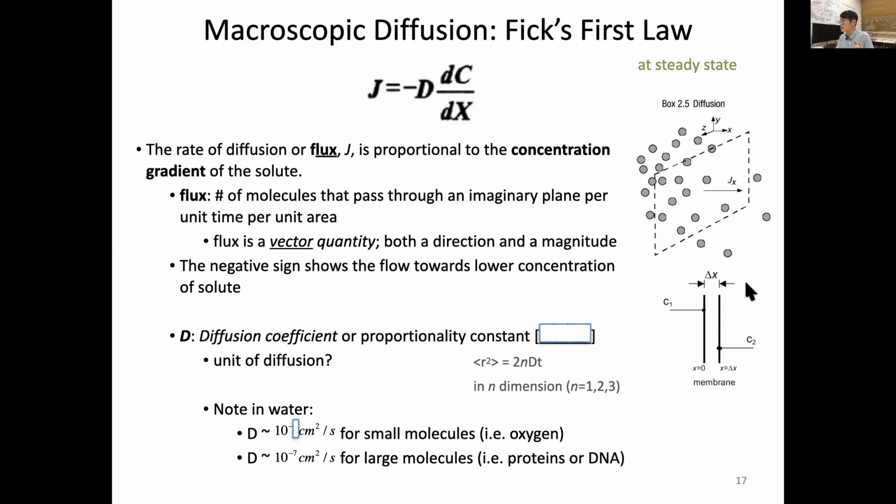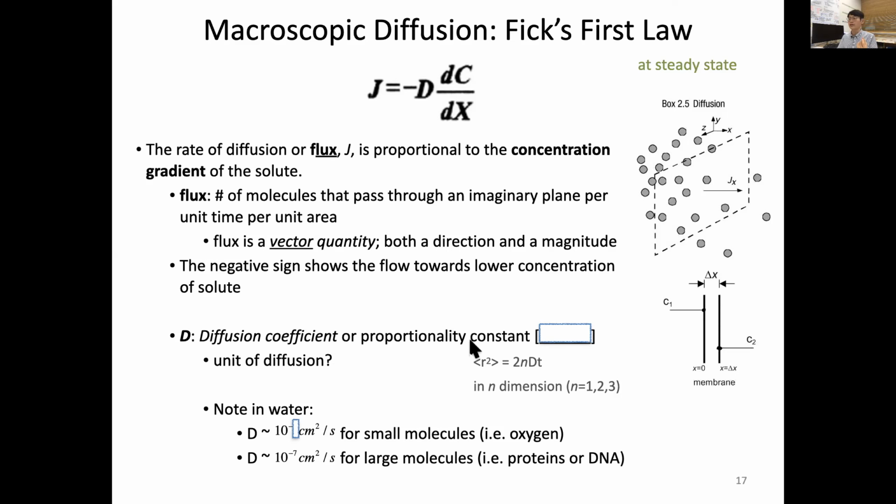For example, at x equals 0 the concentration is C1, which is higher, and at x equals delta x the concentration is kept low as C2. Then we know from our experience that the solute will overall move from left to right. That's the direction.